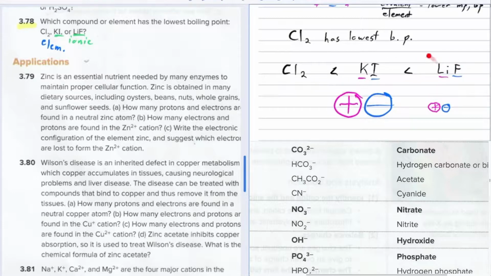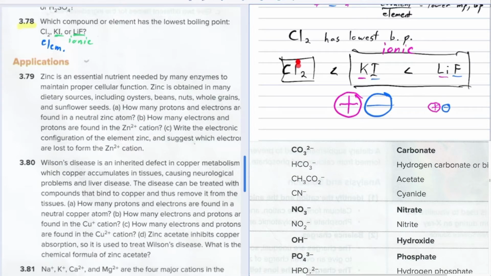I wouldn't expect you to know this part, how to differentiate these two, but you should know that these are both greater in boiling points than that one over there, because these are ionic, and that is not ionic.